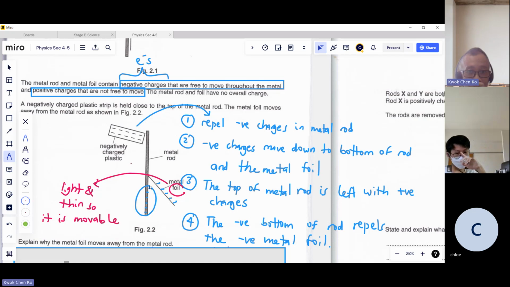Whereas the rod itself, you expect it to be thick and heavy, so therefore it remains stationary. Otherwise they'll move away from each other, which doesn't happen in this case. In this case, only your metal foil is moving and not your metal rod. So this is the reason, even though you don't really need to write it down in your answer.